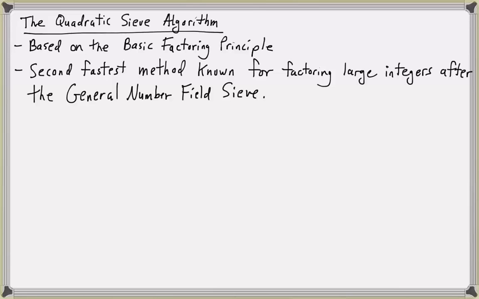So I'm going to give a simplified example of the quadratic sieve algorithm. In this example, suppose we want to factor the number n, which is 3837523.